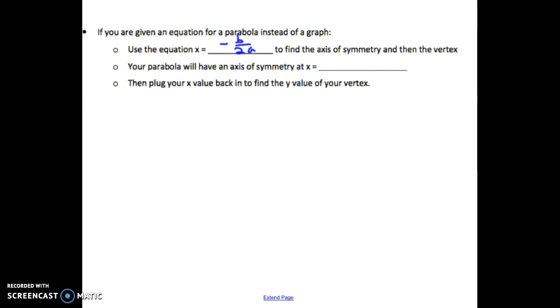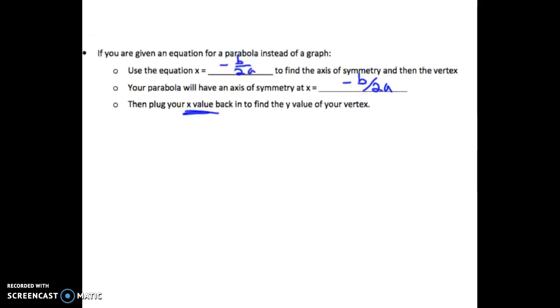Your parabola will have an axis of symmetry at x = -b over 2a. So this formula is to find the x value of the vertex, then you plug your x value back in to find the y value of your vertex, and that will give you the plotted point. But we're going to talk about that more in the next video.